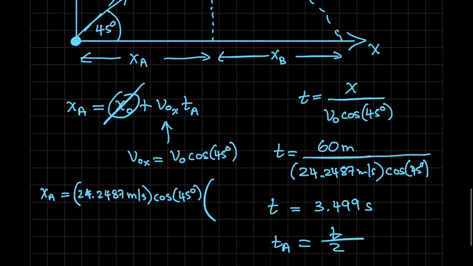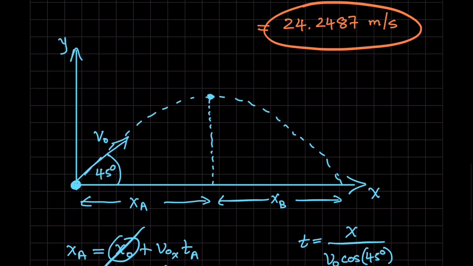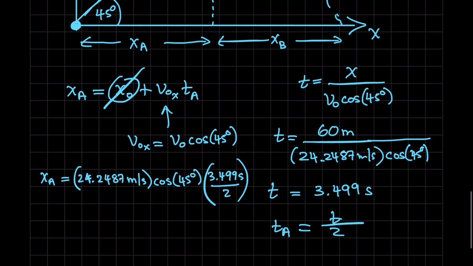So it's not roughly 3.5 seconds, but half of that, right? So 3.499 seconds divided by 2, right? Again, we're dividing it by 2 because we know the time of flight, right? We know the total time the ball was in the air. So to get the halfway mark, we're just dividing by 2, right?